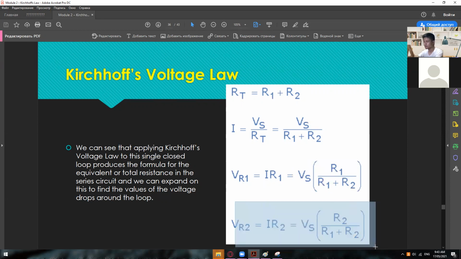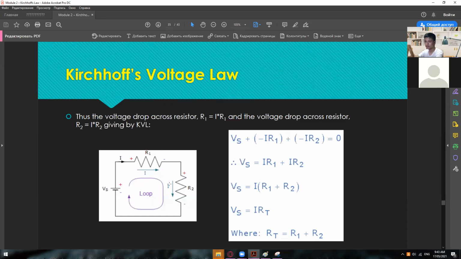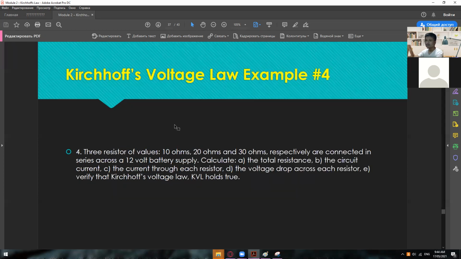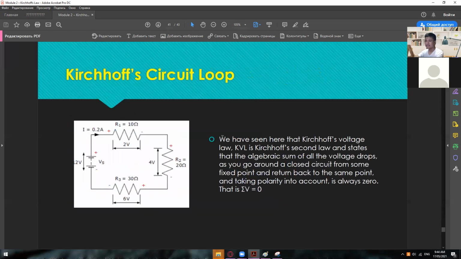And then we can come up with another voltage drop for R2, coming from here. Anyway, not that important. It's just saying that you can combine the idea of KVL and Ohm's law at the same time. All right, so let's have this last example, I guess.